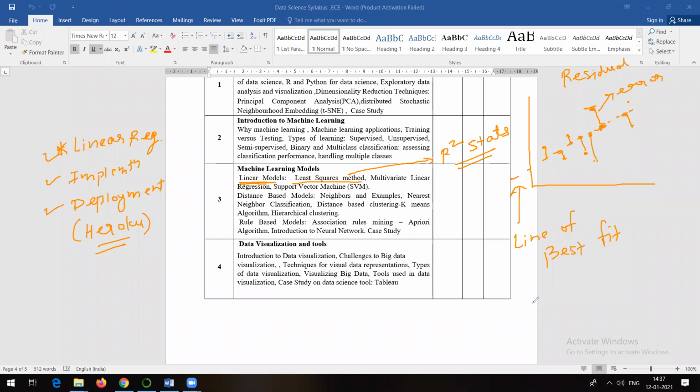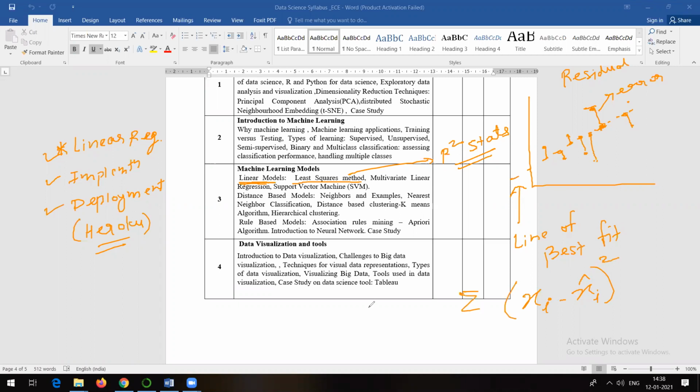So our target will be to minimize this error or residual. I told you the formula of R square statistics: real value minus predicted value, divided by number of records, and then take the summation. If xi is the original record and xi cap is the predicted value, the difference between them is the error, so we take the square of the error.